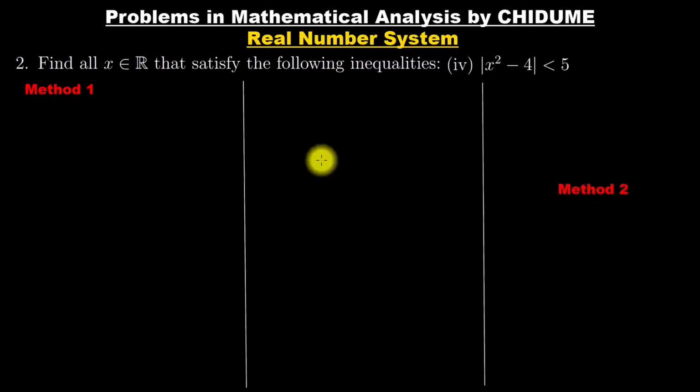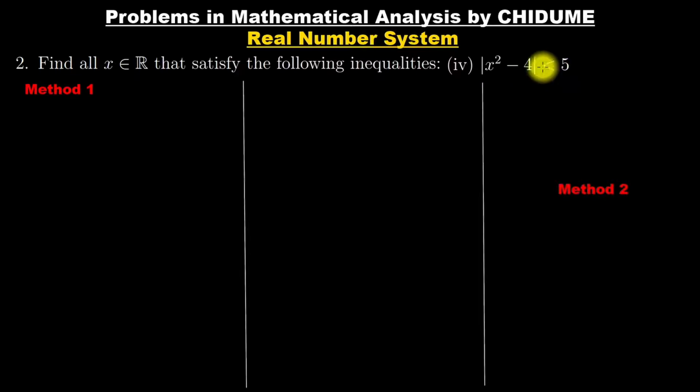So in this question here, we are asked to find all values of x which satisfy this inequality. Okay, so again, I'm going to attempt this question rigorously, like trying to break it into intervals. Now before I do that, you observe that in this question here we're having a quadratic.